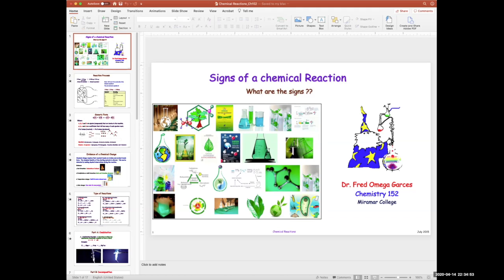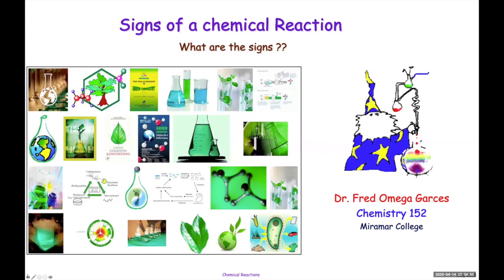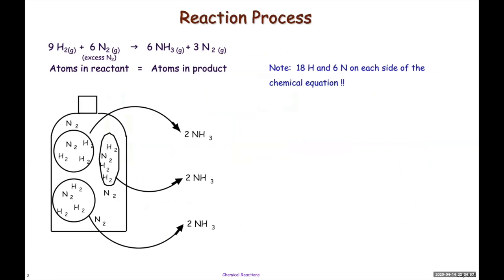Remember that when you balance the equation, the atoms that you start with are equal to the atoms that you end up with. Once you have the formula, don't change the formula. The only thing that you can do is change the coefficient, that is the value in front, and it represents how many of that chemical you have.